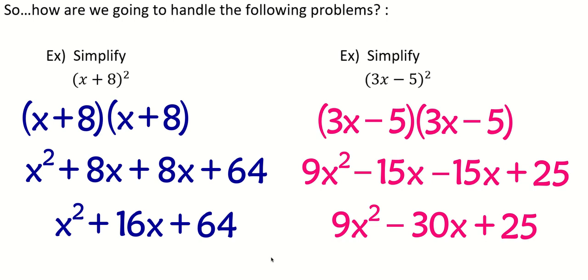So maybe a couple comments before we move on, okay? I almost don't want to say it out loud, but the mistake that people make when they're doing this is they look at this being squared and they want to just go, oh, well, let's just square the x, and let's just square the 8, and that's it, right? Wrong. This is not where you're able to get away with that shortcut. You cannot just distribute the power when it's this.